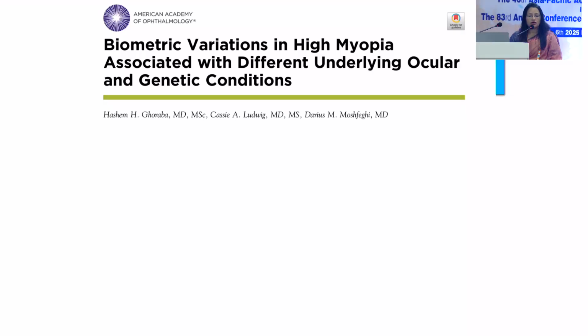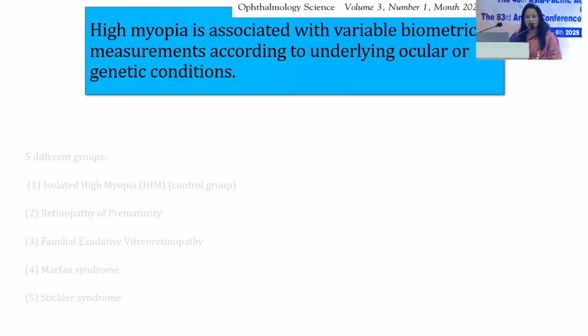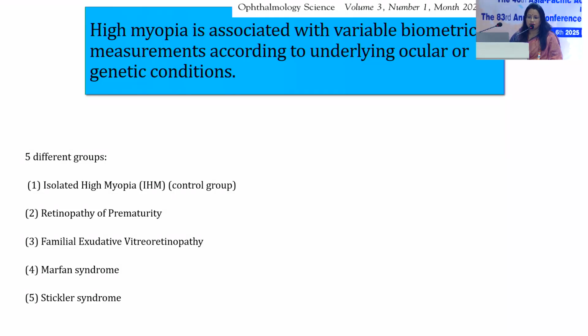Whenever we are talking about myopic eyes, this was a very good study in which they found that high myopia is associated with variable biometric measurements, and that can be due to a variety of problems. Now, we don't have isolated myopia only, we have myopia in other ocular disorders like retinopathy of prematurity, exudative vitreoretinopathies, Marfan's, Stickler's.